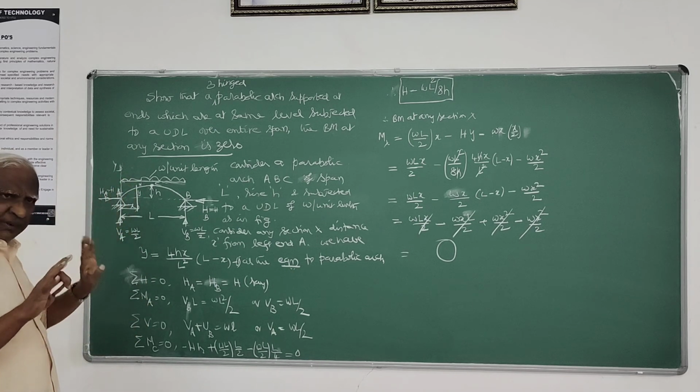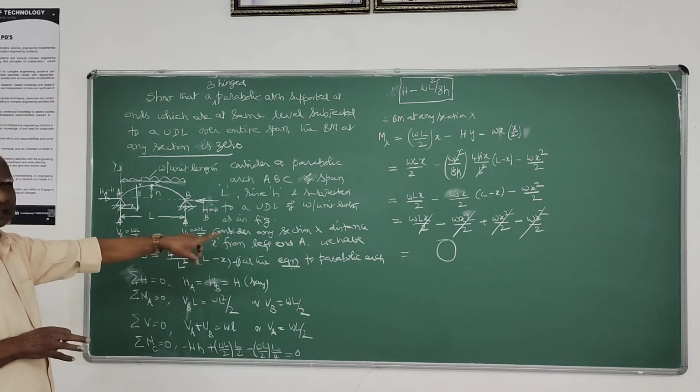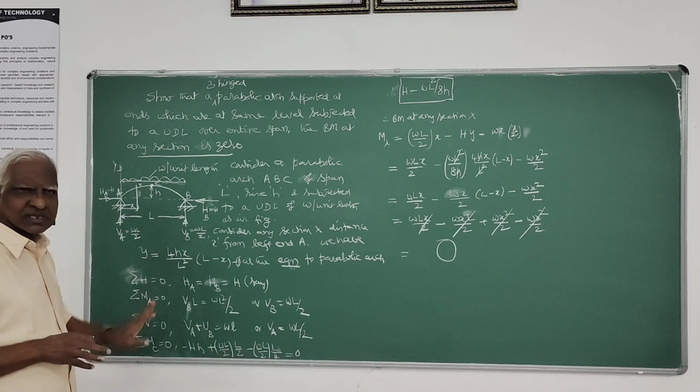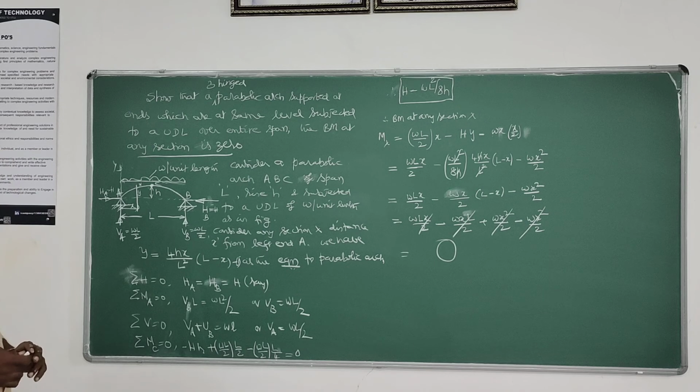Here bending moment also is generally there, but in this special case, bending moment is zero and only axial forces will be present in the arch. You have to design the arch only for that axial compression.